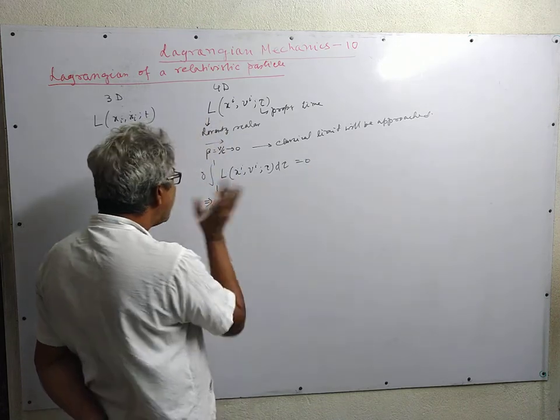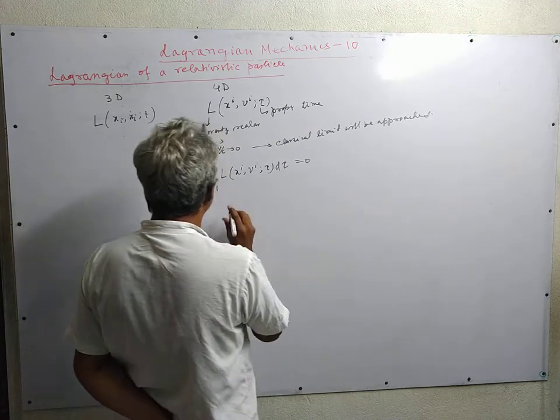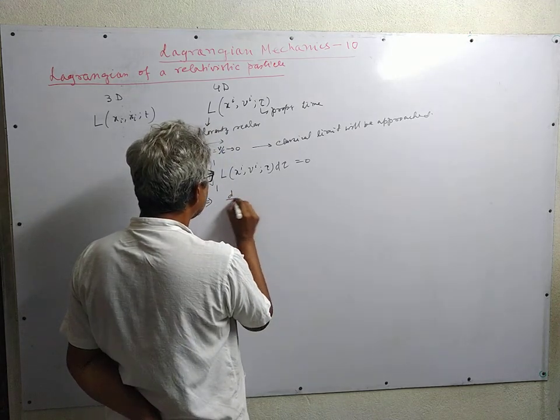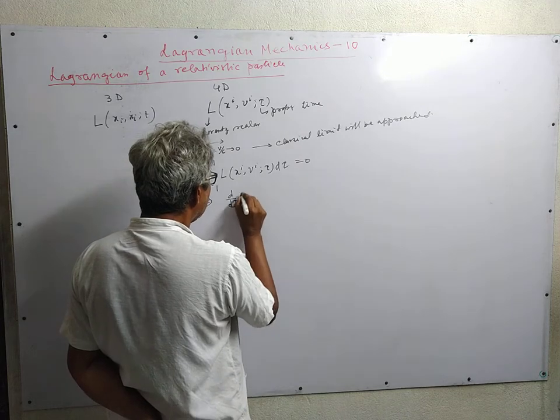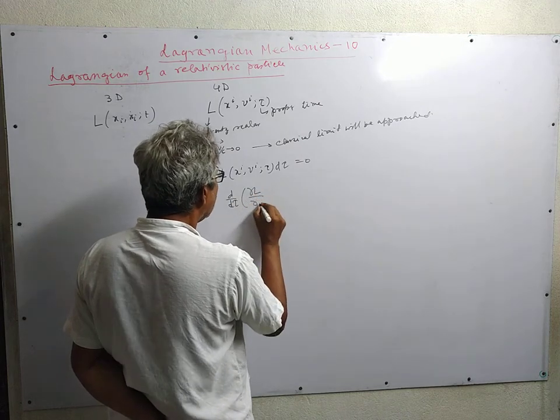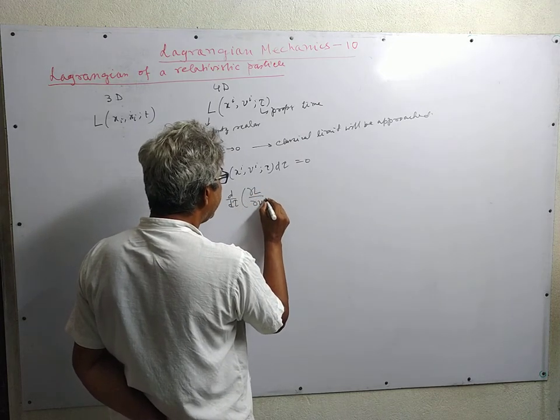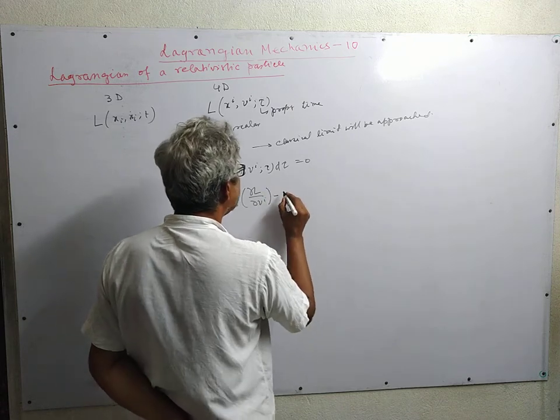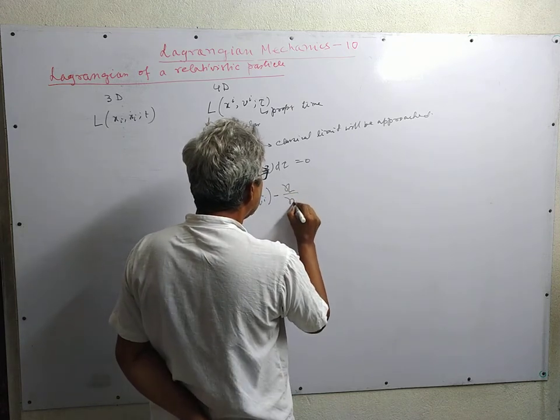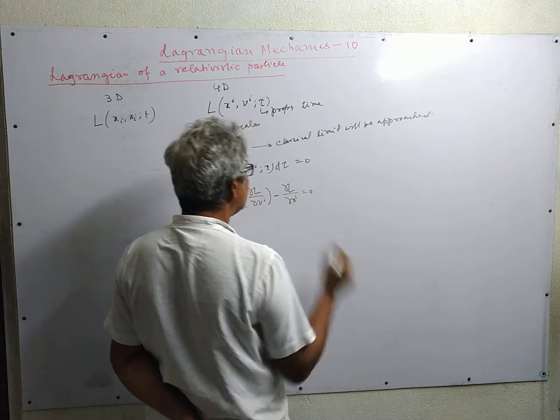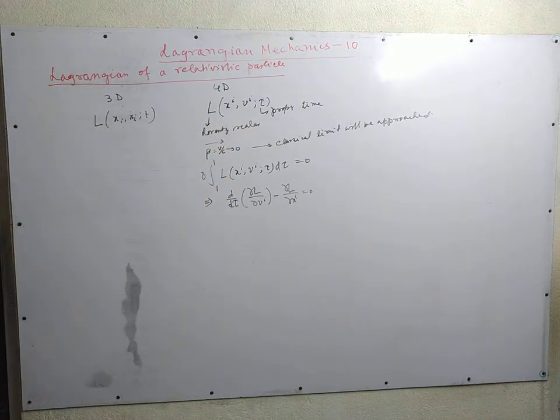Following the standard prescription of the Euler-Lagrange equation, we get d by d tau of del L by del vi minus del L by del xi is equal to 0, which is the Euler-Lagrange equation in its covariant form.